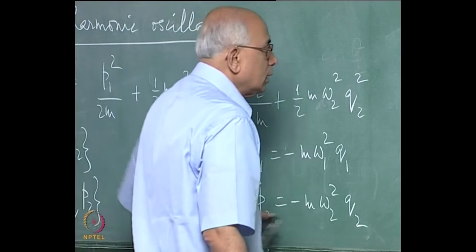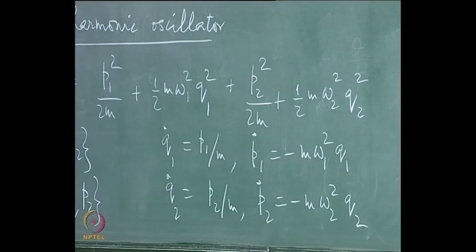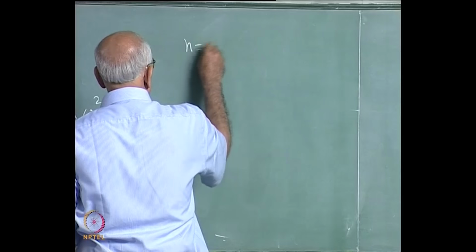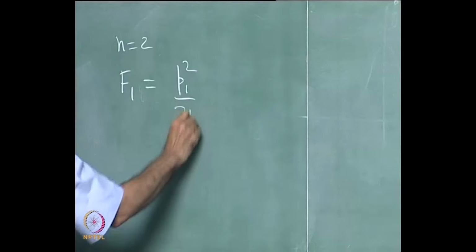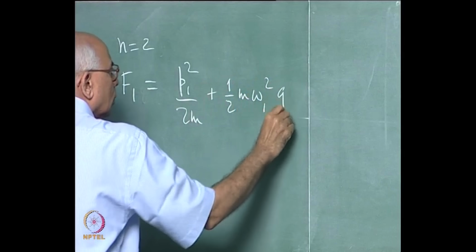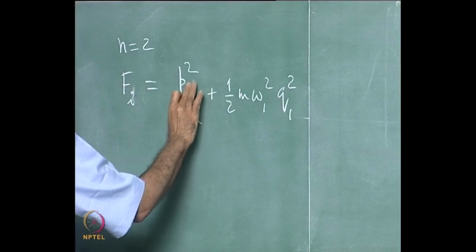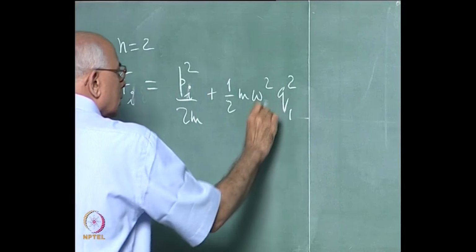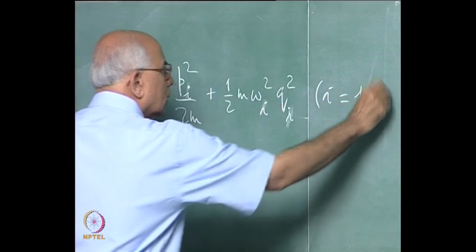So let us formalize this. We have n equal to 2, and we could take f1 to be equal to p1 squared over 2m plus 1/2 m omega 1 squared q1 squared. In fact we could write f_i as p_i squared over 2m plus 1/2 m omega_i squared q_i squared, with i equal to 1 or 2.